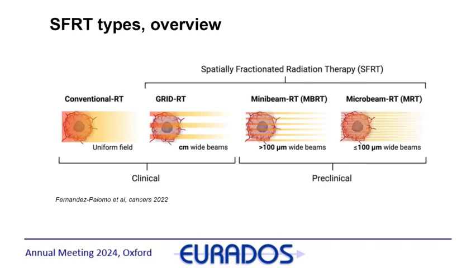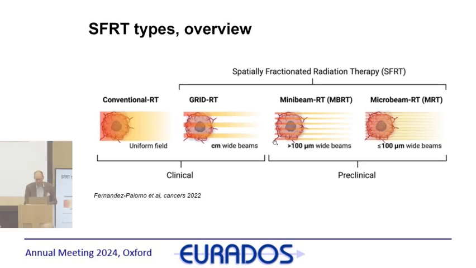Now, before continuing on, we have to separate spatial fractionated therapy into several subgroups. So conventional therapy, this is from a paper, this is supposed to look like a tumor, and you have a homogeneous irradiation in conventional radiotherapy. In grid radiotherapy, we're talking about centimeter-wide beams.